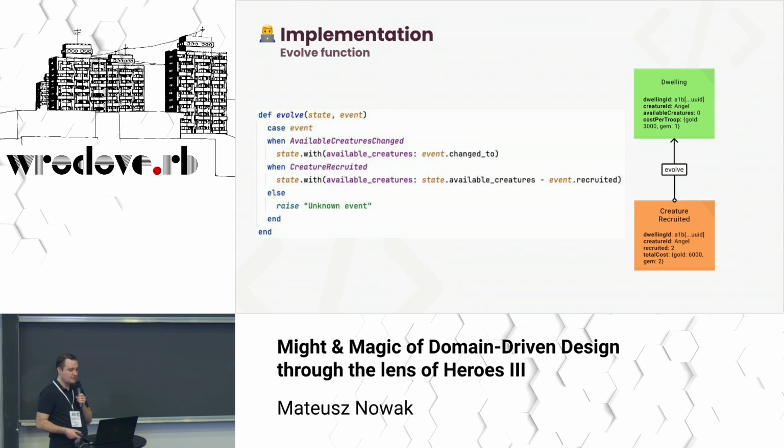We keep the state the same as before in reaction to the event. So you see that in the case of the available creature changed event, we just copy the state on the data class with available creatures and we assign the new value. In case of the other event, creature recruited, we reduce the available creatures' availability based on what we already recruited.